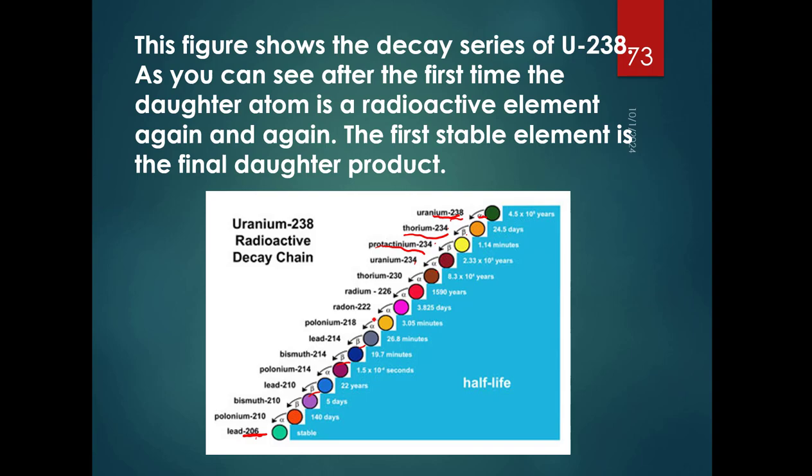Most of the time, just the first step from the uranium to the thorium has a half-life of 4.5 times 10 to the 9 years, I think. So usually all the others are very short. So you see, this is interesting that you need more than just one decay to make the final product, which is not radioactive. The lead-206 is not a radioactive isotope.